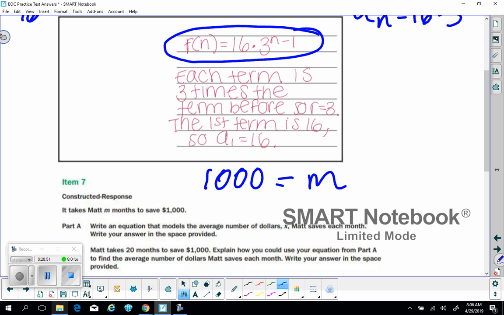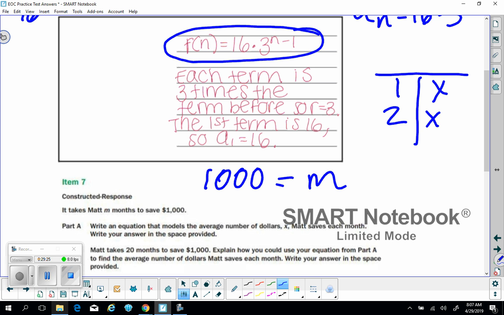Okay. After 1 month, how much money would he have saved? We don't know how much money, but they told us to use X, right? So after 1 month, he would have saved X amount of dollars. After 2 months, how much money would he have saved? He would have had the amount of money that he had before, right?